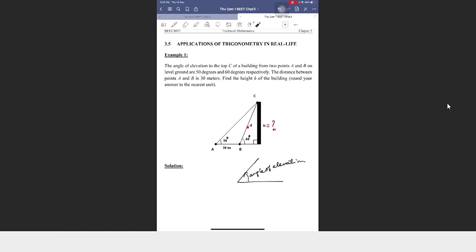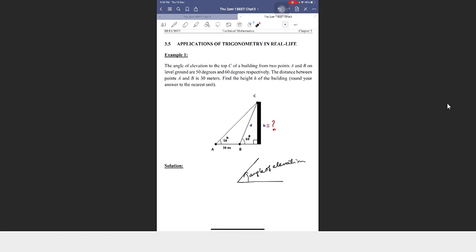If we want to find D using law of sine, if only we can find angle C, then we can use the law of sine, because we are given this opposite side to angle C. So if we can find this angle, then we can use the law of sine to find our D.